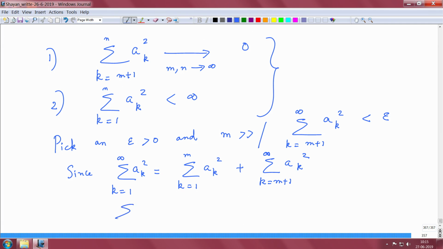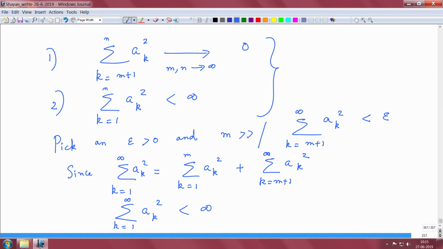The summation from k equals 1 to infinity of ak square is less than infinity, that is, it is finite.